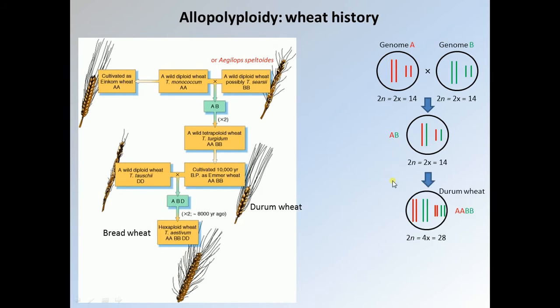And then at some point there were polyploidization events, like what you can see here. And this is actually durum wheat, the wheat that is used for pasta, for example. And this is tetraploid AABB. Then there was another hybridization event, this time with Triticum tauschii, genome, let's call it D in this case.